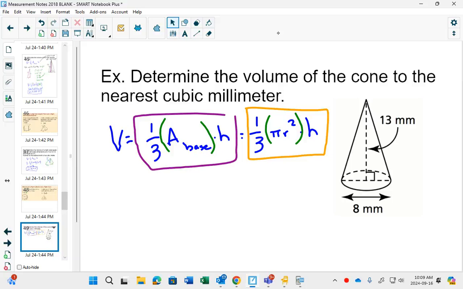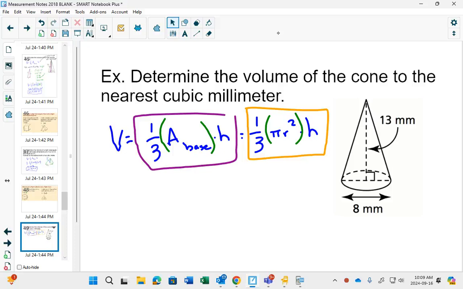I would look at my orange box, and first thing I would do before I go further is decide, do I have everything that I need? Okay, I'm going to need my radius. Does the question tell me my radius? Not directly, kind of does. What does it tell me? Diameter.